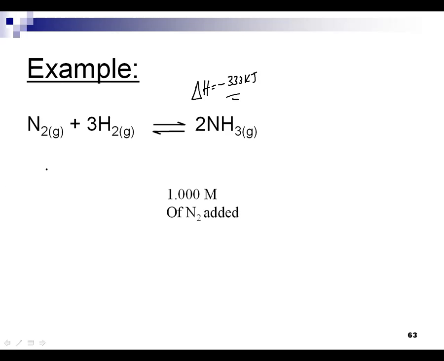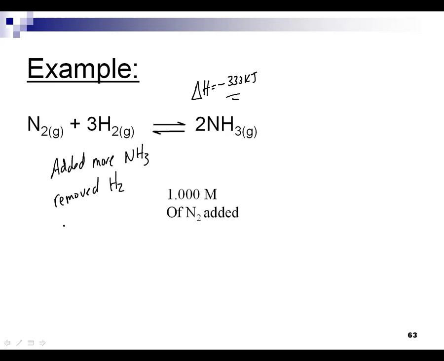So if I added more, I can give you some options. I'll give you a second to answer them in just a second. Say you added more NH3. Figure out what will happen. Let's say we removed H2.